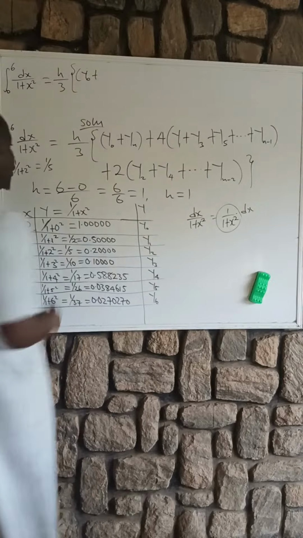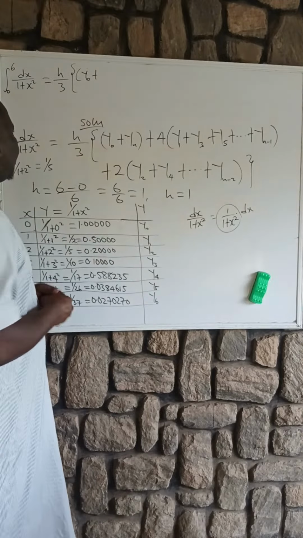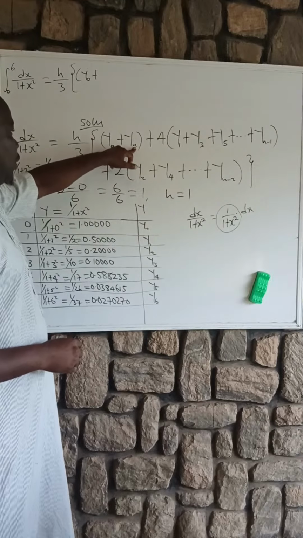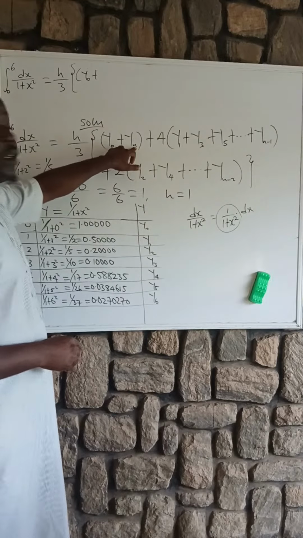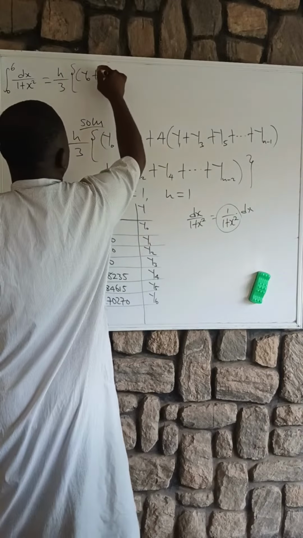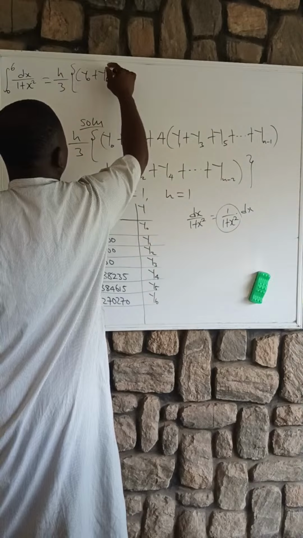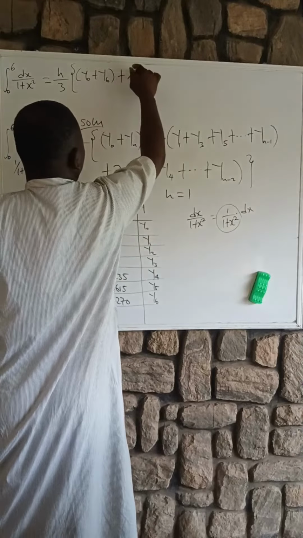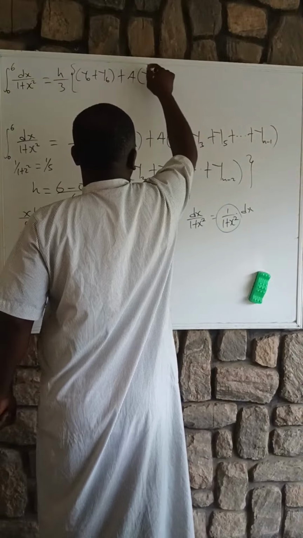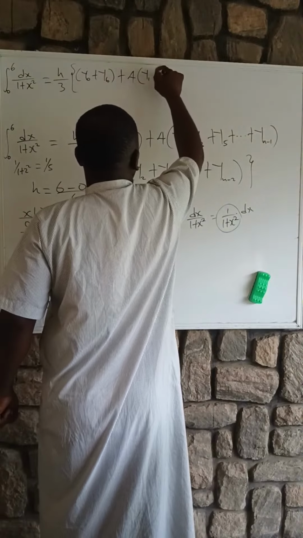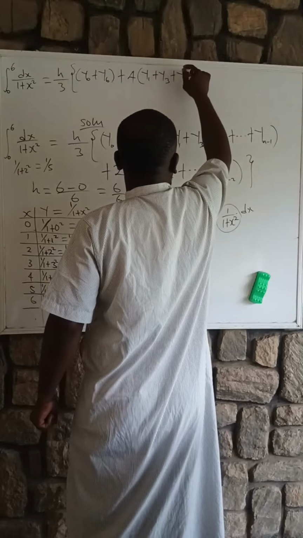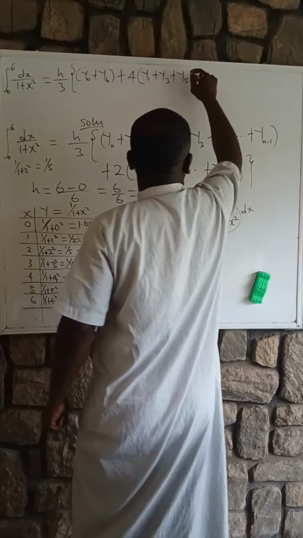plus, I told you that your interval n is 6. So instead of n here, we write y6, close bracket, plus 4, then open bracket, y1 plus y3 plus y5.